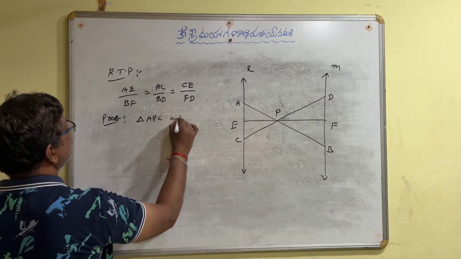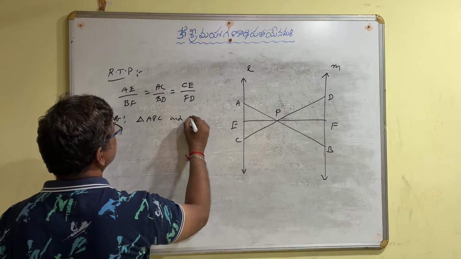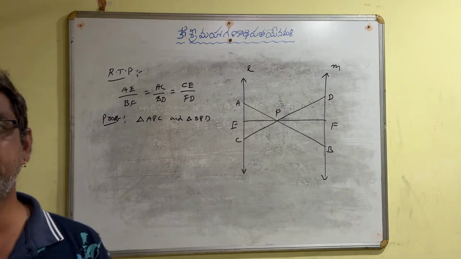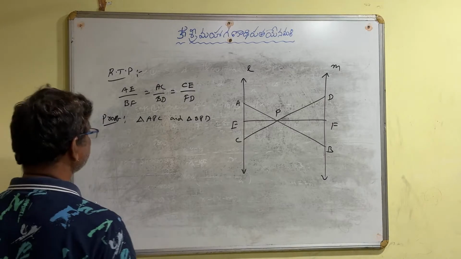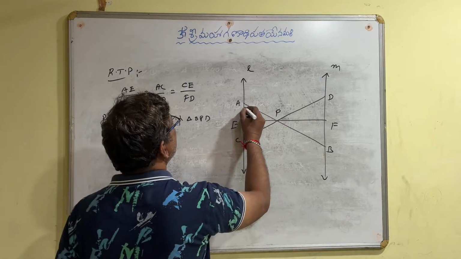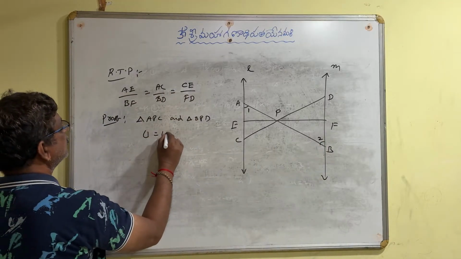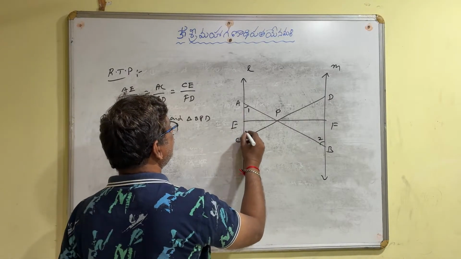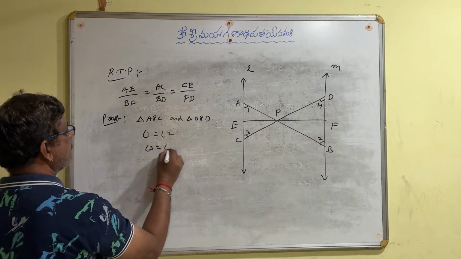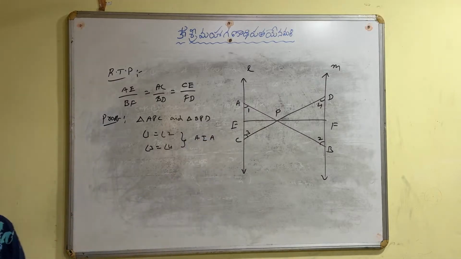Okay. Now I am considering triangle APC and triangle BPD. Now see, in those 2 triangles, angle 1 is equal to angle 2, angle 3 is equal to angle 4. Reason is alternate interior angles.